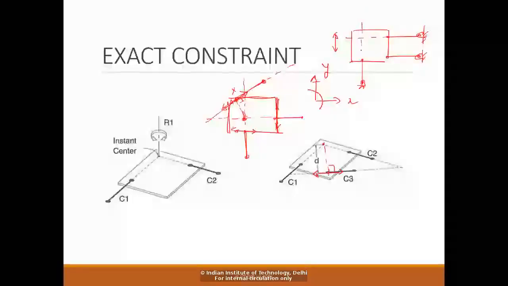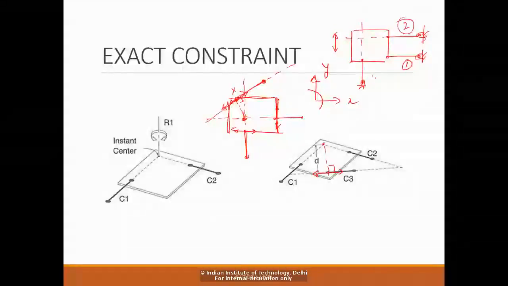So actually another way of looking at it is, if I consider 1, 2, 3, how many ICs, instantaneous center of rotation, IC we call it. There are 1, 2. So if I take 1 and 2, there is a third one at infinity, right? If I consider 1 and 3, this is the point. If I consider 3 and 2, this is the point. So there are three ICs.